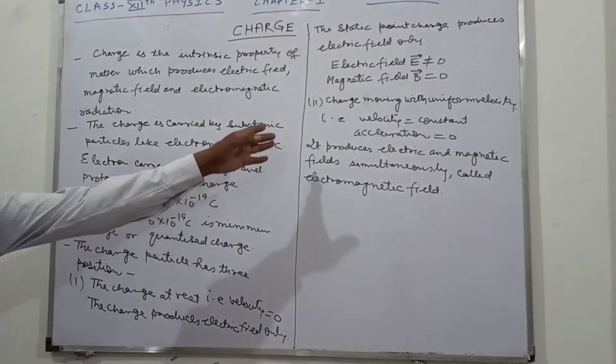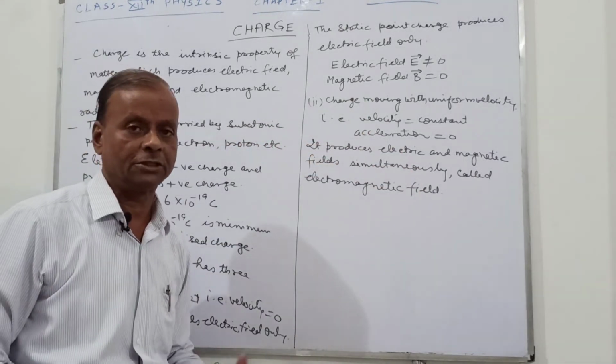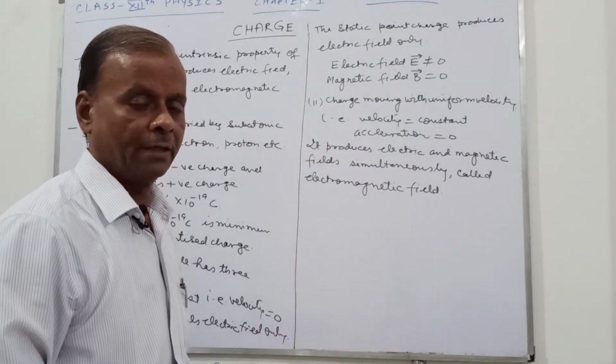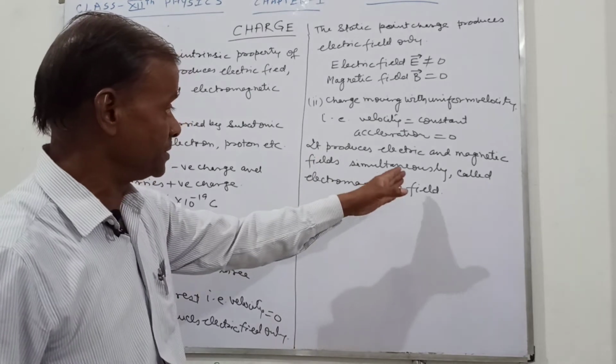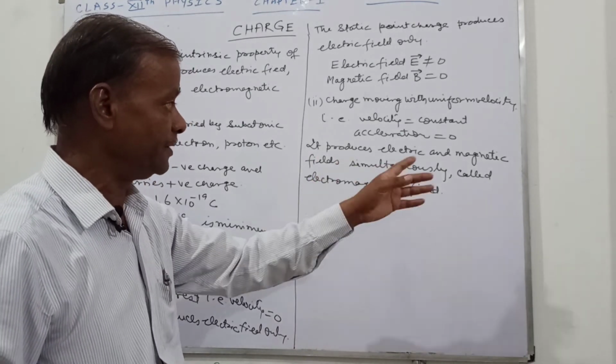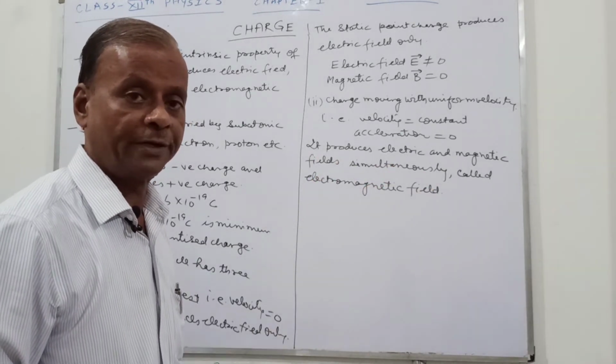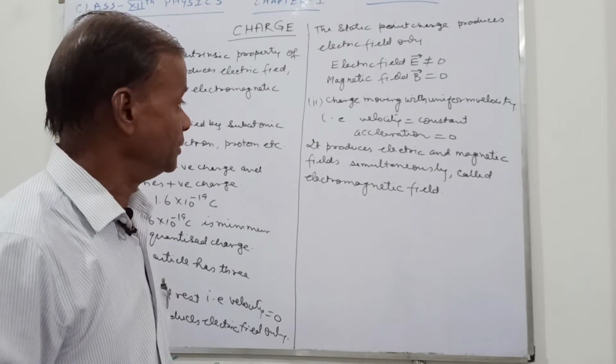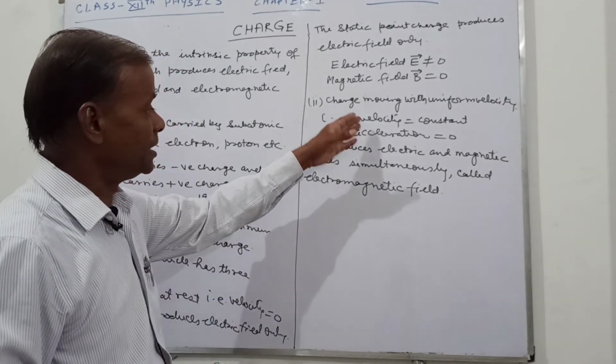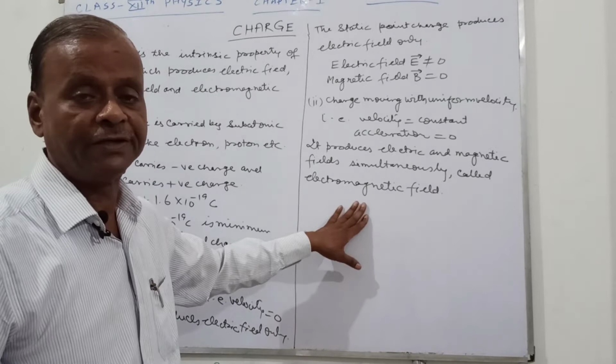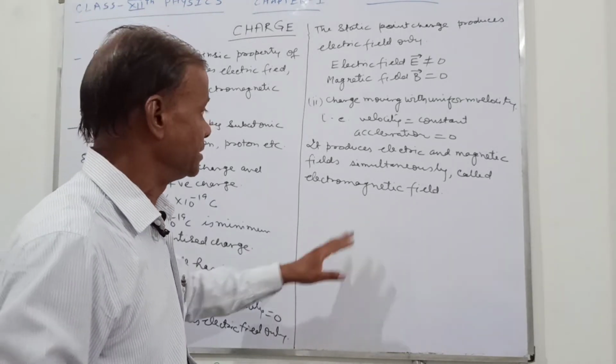So when the charge is moving with the uniform speed or the uniform velocity, it produces the electric and magnetic fields simultaneously, and it is called the electromagnetic field. So in that case, the charge produces both the fields simultaneously.